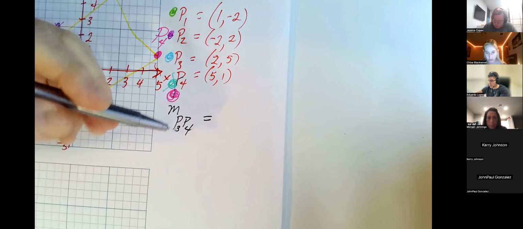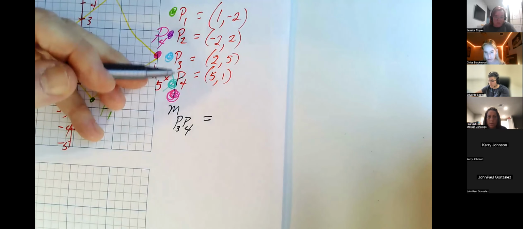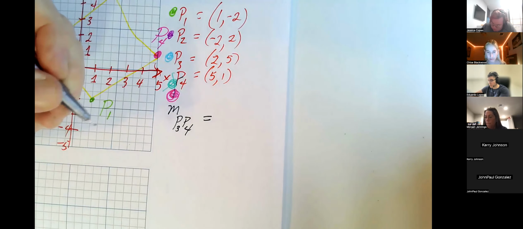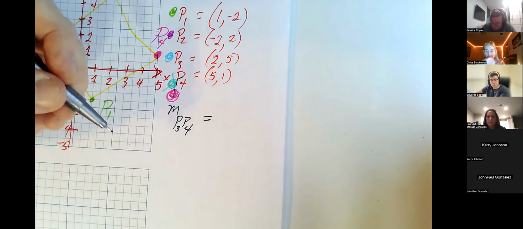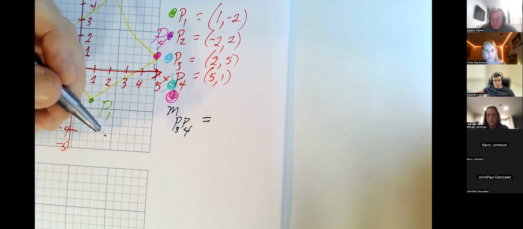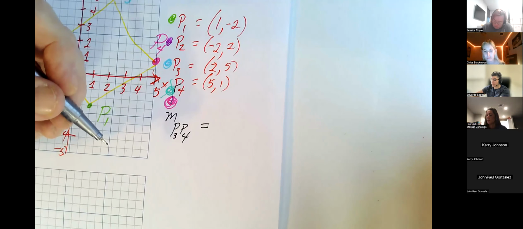We've got 2 points, and neither of them is labeled 1, neither of them is labeled 2. Which point do you want to put first? In other words, which point do you want to have playing the role of the second point? Does it matter?